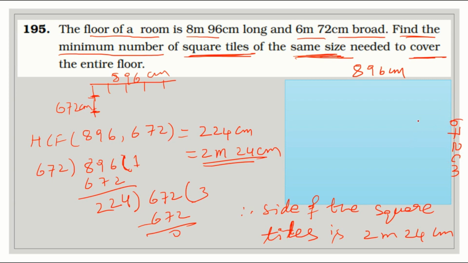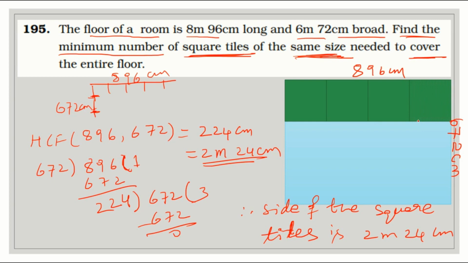We are going to cover it with tiles. One tile is covering along the length and breadth. Now one more tile along the length is covered, one more tile is covering along the length, and totally 4 tiles will cover along the length.